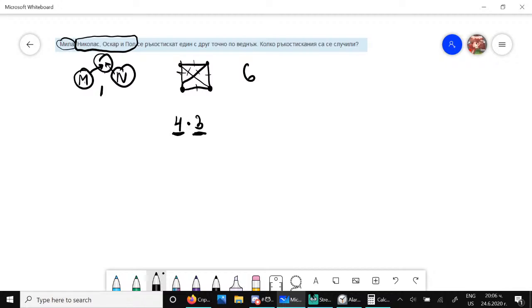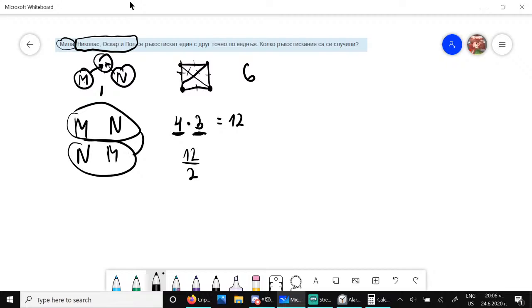So 4 multiplied by 3, which is equal to 12, and now we have to divide by 2 because it doesn't matter if it's A and B or B and A, those are the same thing. We count this one once, that's why we have to divide by 2, because 12 are all the possibilities and we can arrange them in two positions. So we get 6, and that is the correct answer.